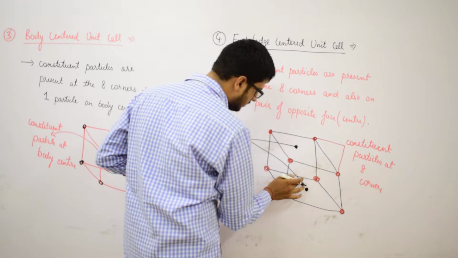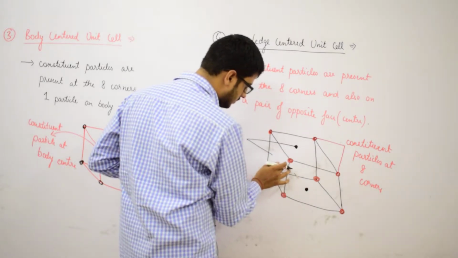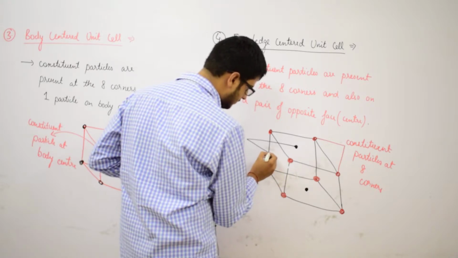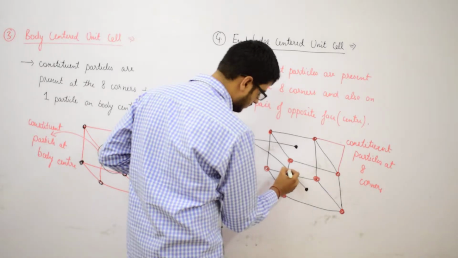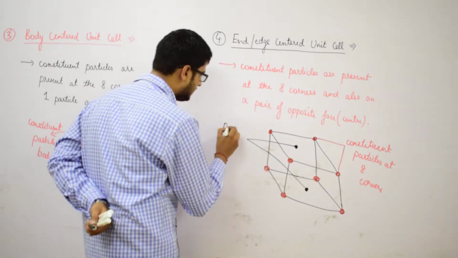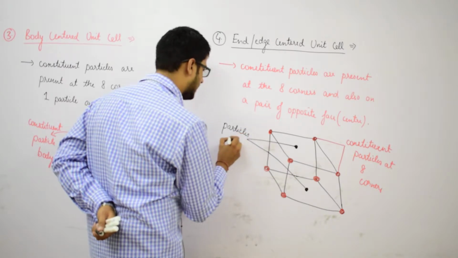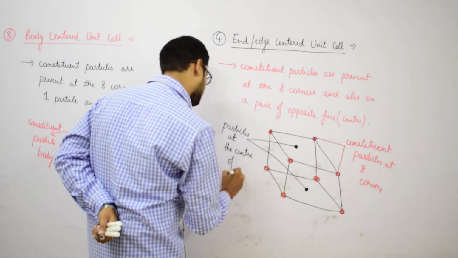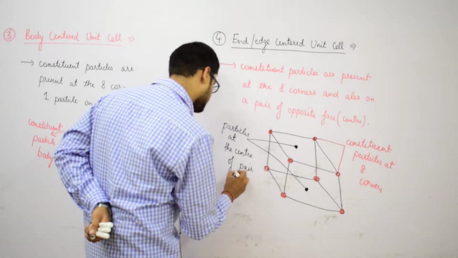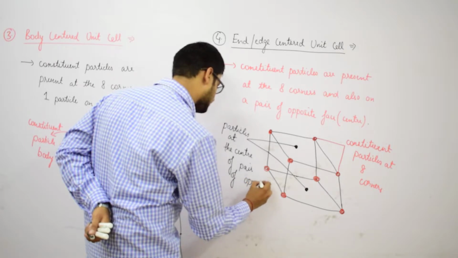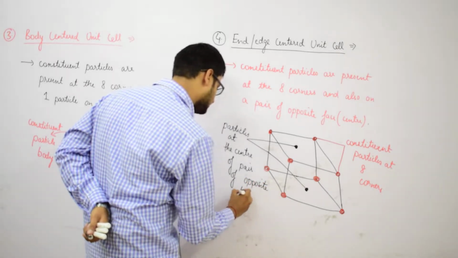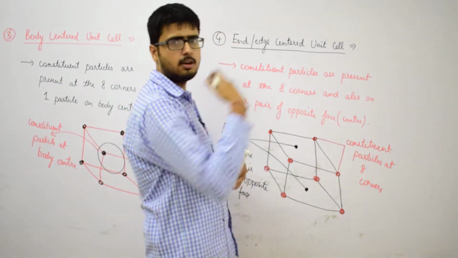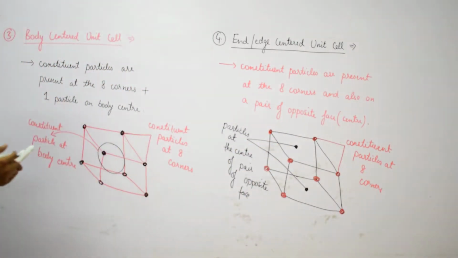So, this is the particle at the center of a pair of opposite faces. The face can be either top or bottom, left or right, or front side or backward side. It can be any one pair.